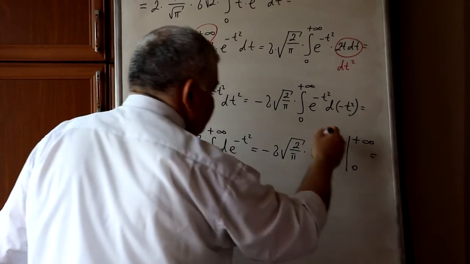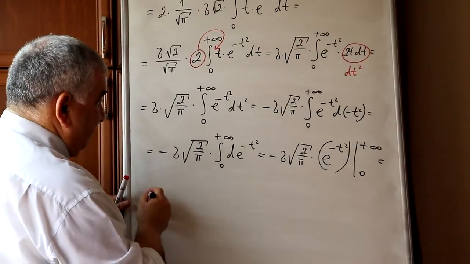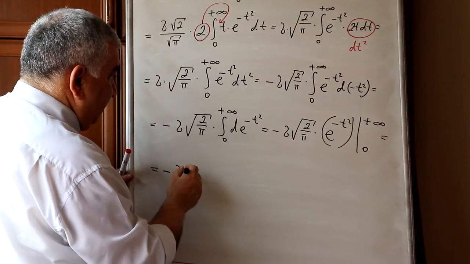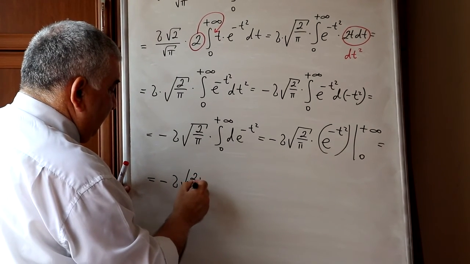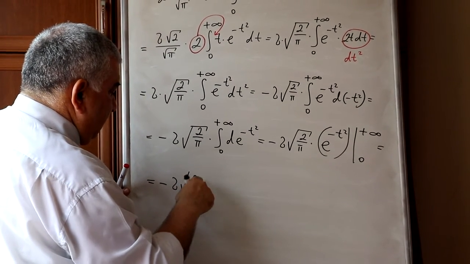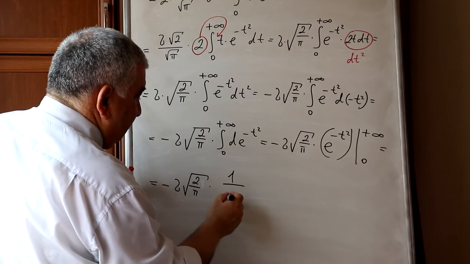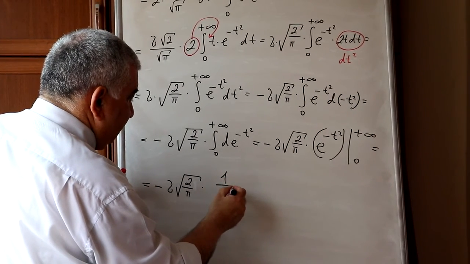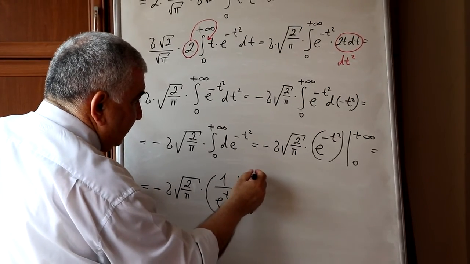Then rewrite this exponent in the natural form, minus sigma multiplied by square root of 2 over pi multiplied by 1 over e to t squared, with the double substitution from 0 to plus infinity.